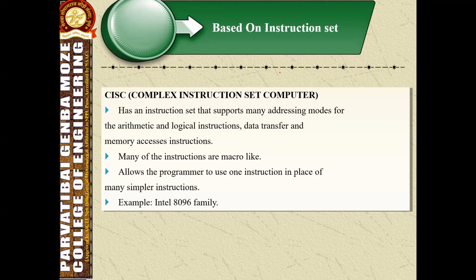Thus, the program operates at a higher level. The programmer requires few, simple, fast instructions in comparison to large, complex and slow CISC instructions. However, this is obtained at the cost of writing more instructions to accomplish a task, with the help of a RISC processor.